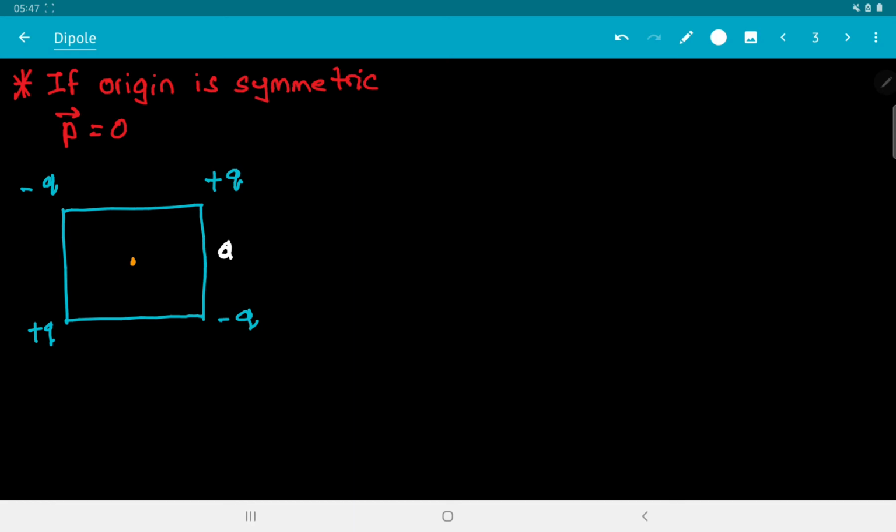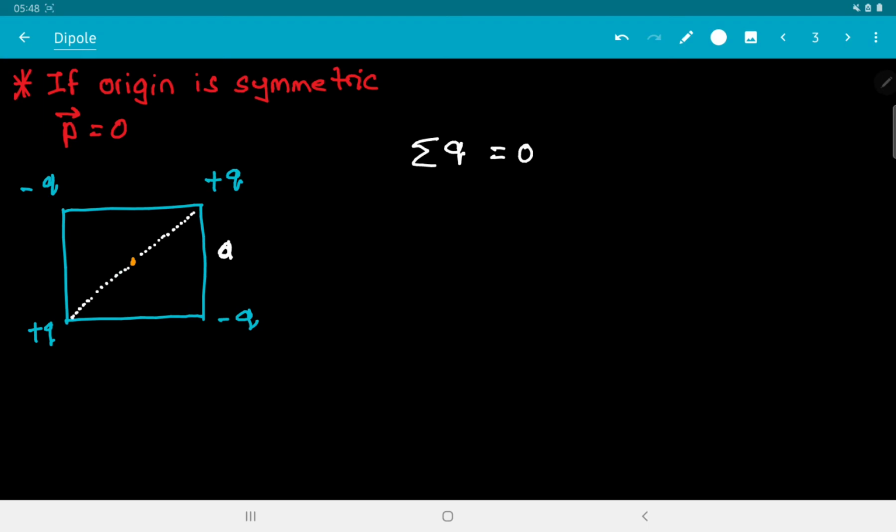Now, if we take the origin at the center, the net charge is equal to 0. There are two positive charges and two negative charges, so we can take the origin anywhere we want. If we take the origin at the center of the square and go in opposite directions, I will find the same charges.